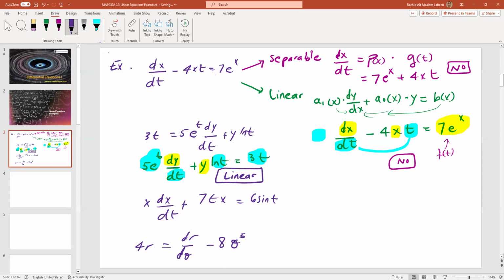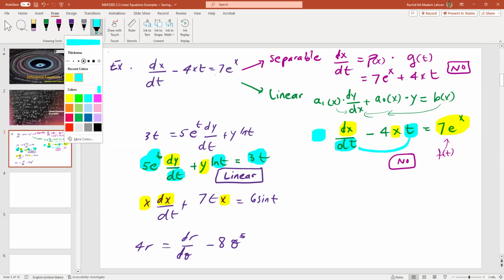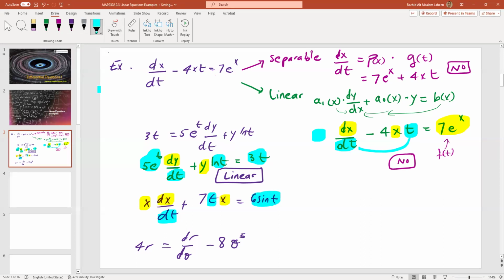All right, let's do this one as well. The x is there. Ah, x is here. So this should be dependent on t. This is t, t.